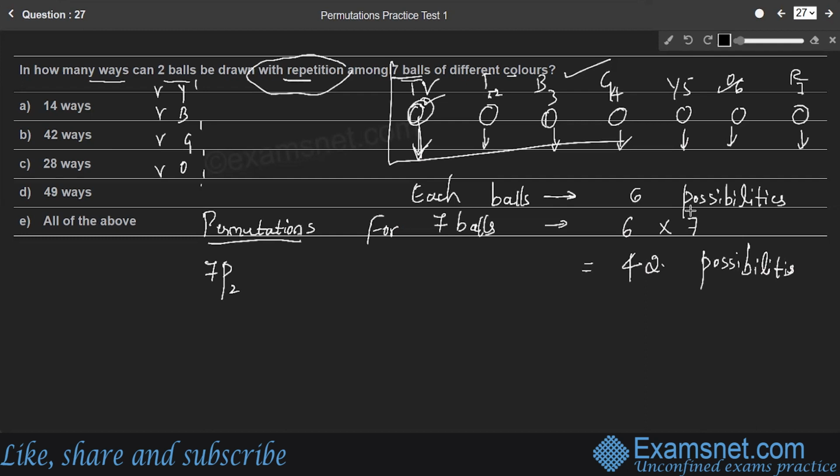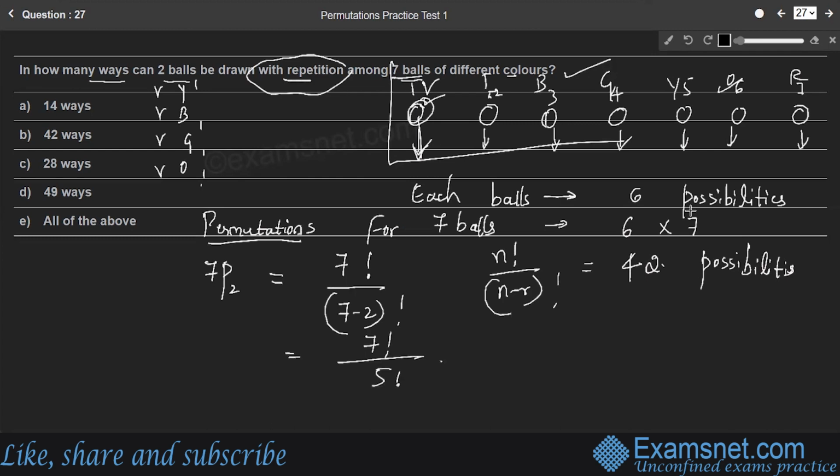Therefore, the question is based on permutation, which is 7P2, which is factorial 7 by factorial 7 minus 2, which is nothing but factorial n by factorial n minus r. So factorial 7 divided by 5 factorial. In 7 factorial we have 7 into 6 into 5 and so on up to 1, and in 5 factorial we have 5 into 4 and so on up to 1.